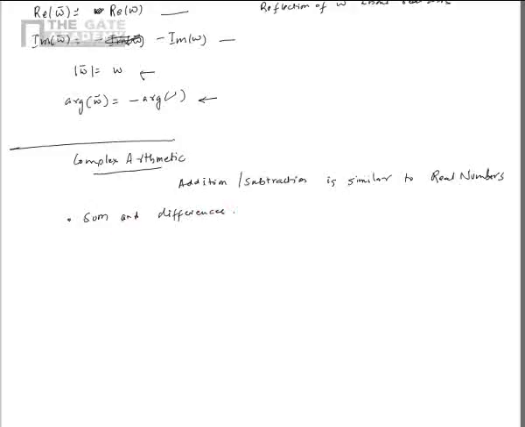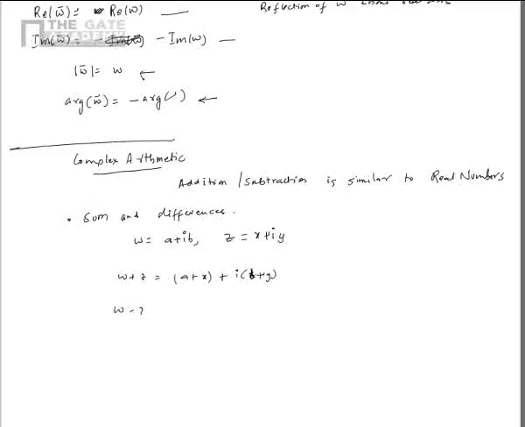If you have w as a plus ib and z as x plus iy, then w plus z will be a plus x, this is the real part, and the imaginary part will be b plus y. So this is how it is written.